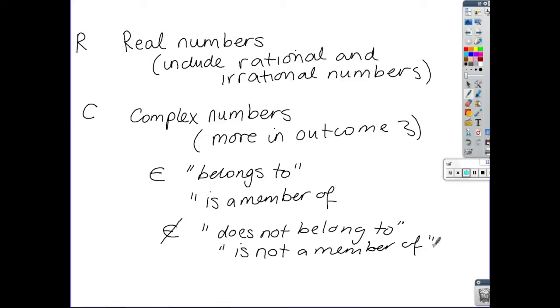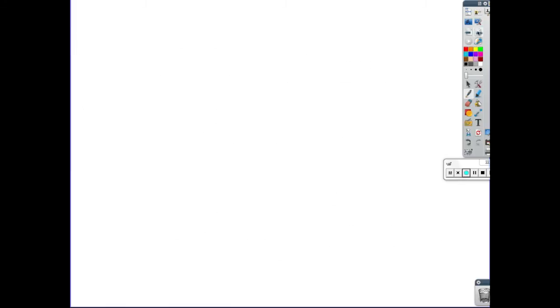For example, the number pi is 3.14 and so on. This one is irrational, so it means it cannot be expressed as a fraction, so it doesn't belong to the set of rational numbers.